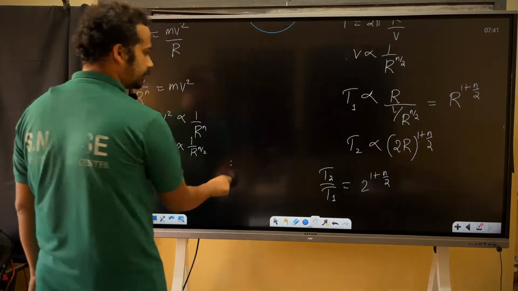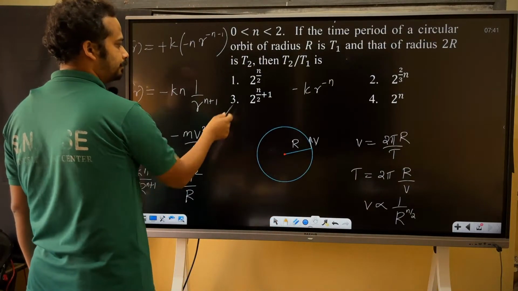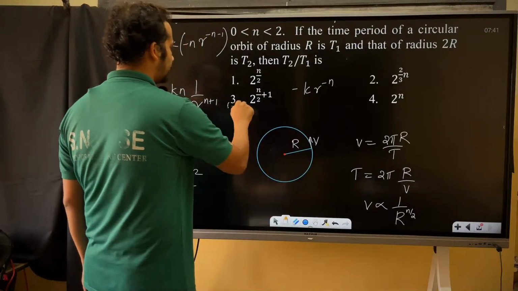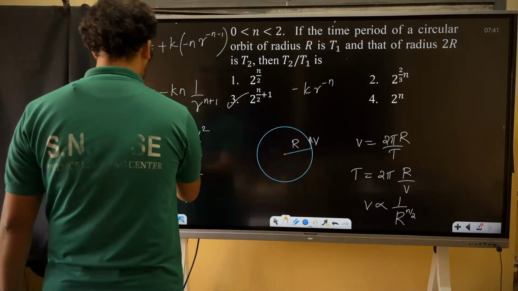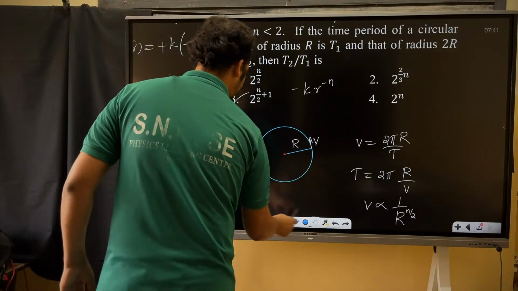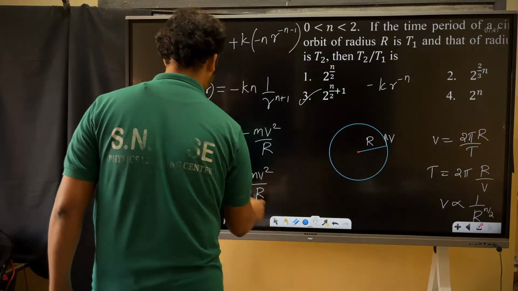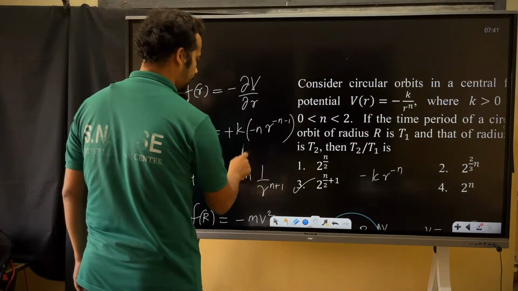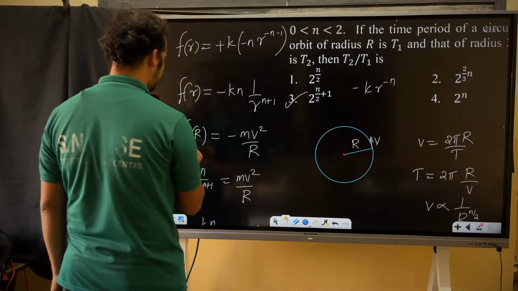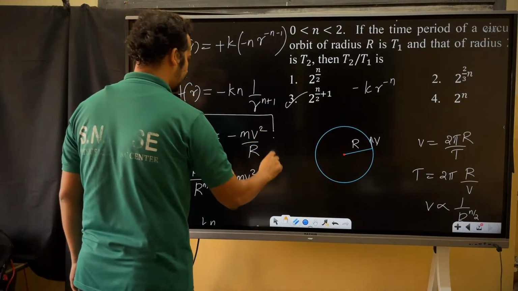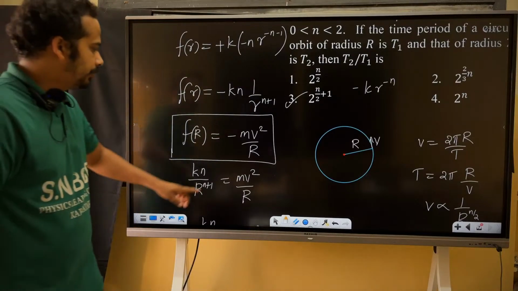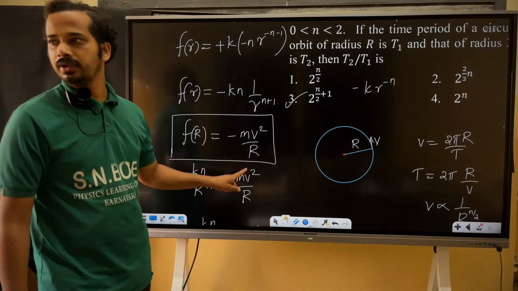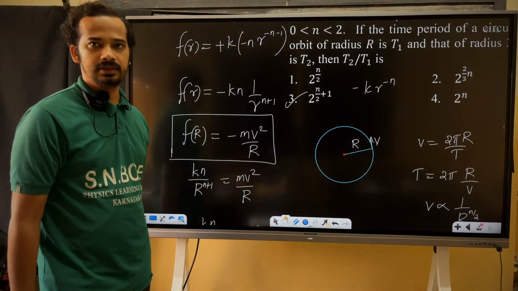You have that option. What is the algorithm here? This equation is the equation for force, equal to minus mv square by r. That is the main equation. That will help you find the relation between speed and radius, isn't it?